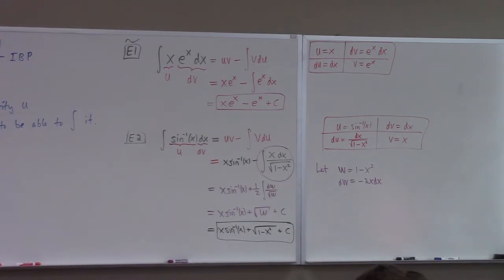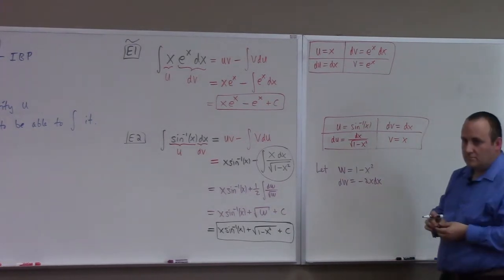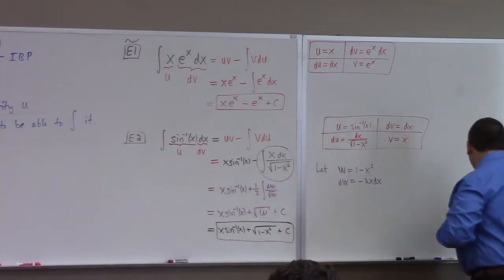What's v? v is x. What's du? It's dx over x, right? The x's cancel, and we get x ln x minus x plus a constant. So there's the integral of log.